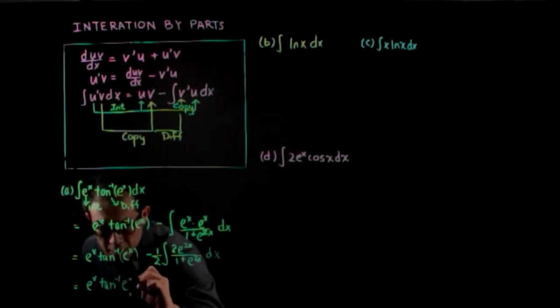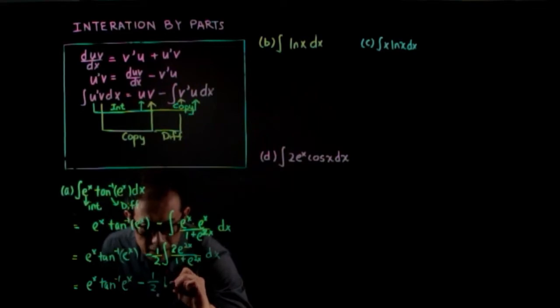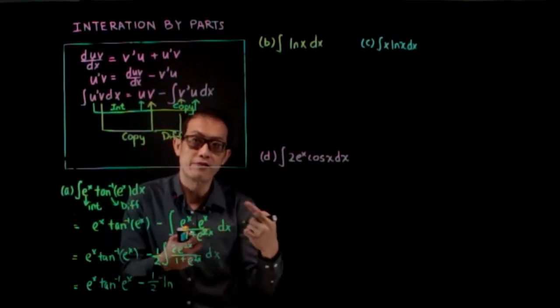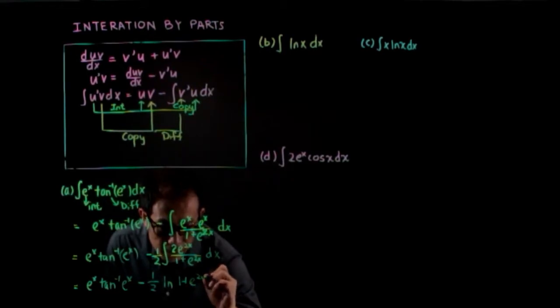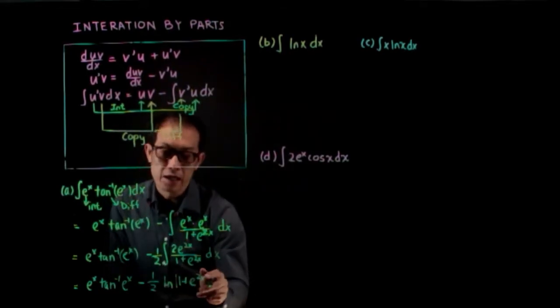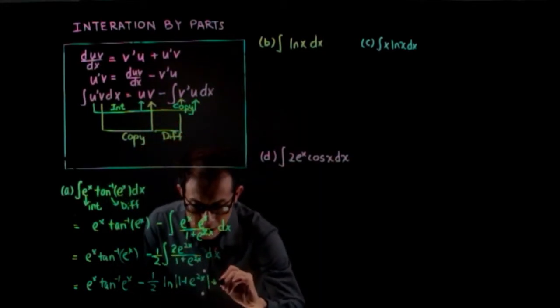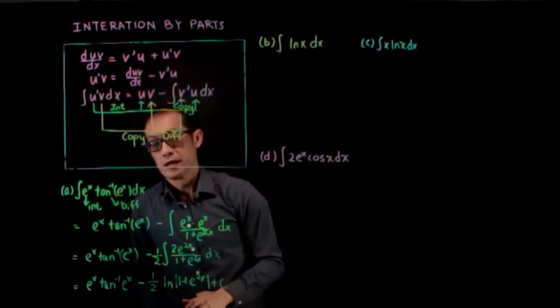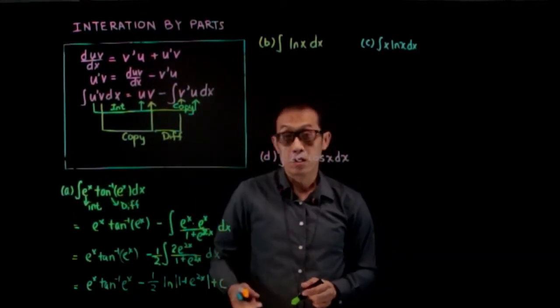This is nothing but ln of the denominator. You want to make sure that what is inside the ln is always positive, so we do a mod here and we plus c. That's the end of this question.